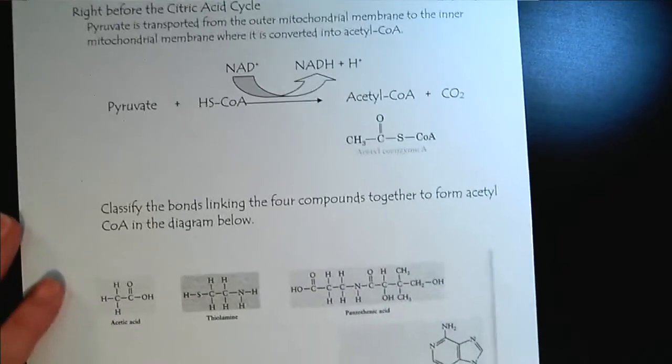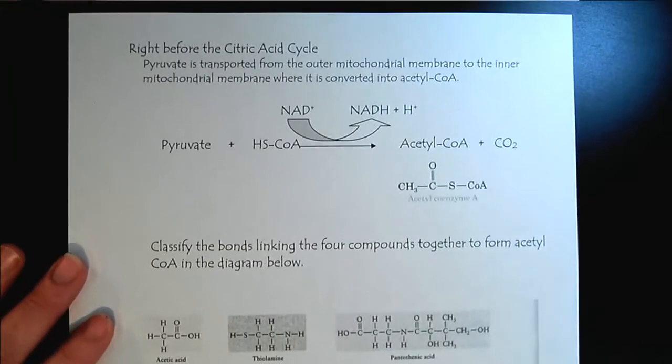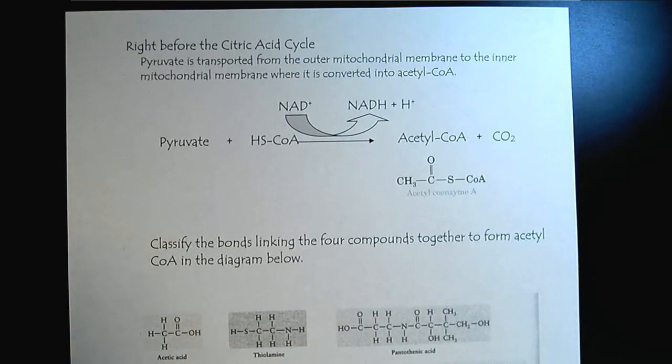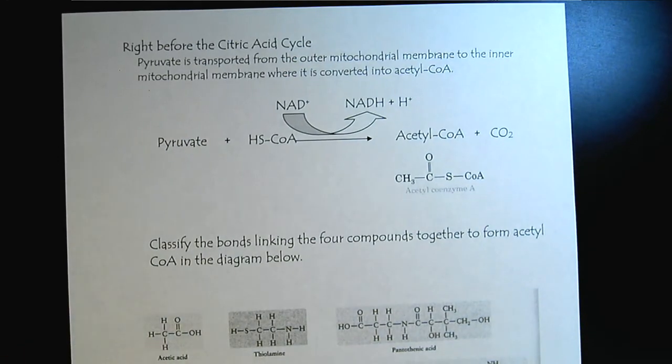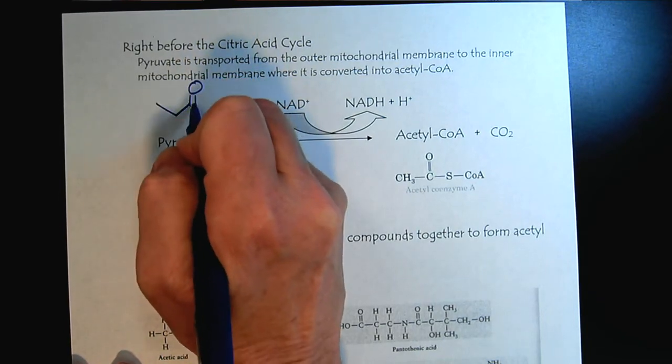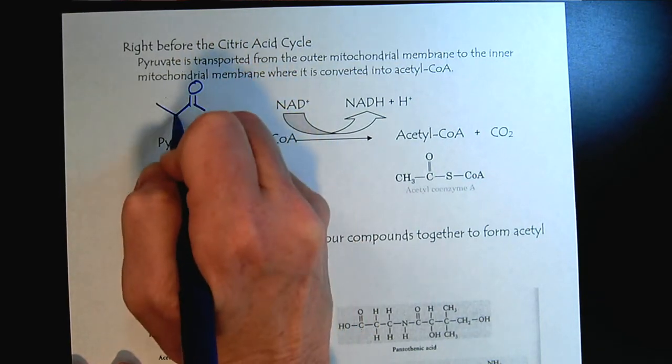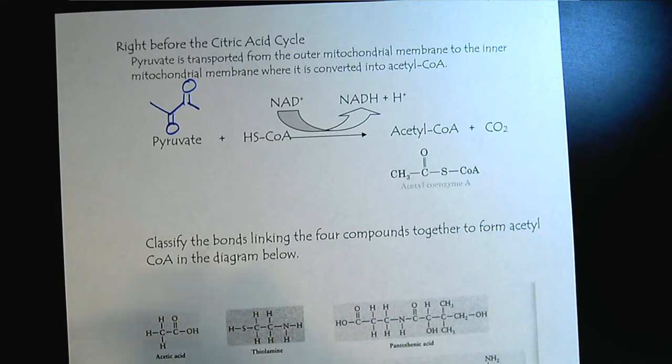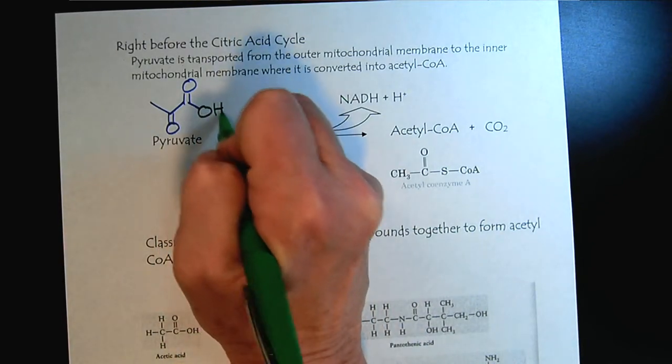Okay, so let's get our next page centered. There we go. Alrighty. So here's pyruvate. By now you probably have the structure in your mind, and if not, it's a good time to get it there.